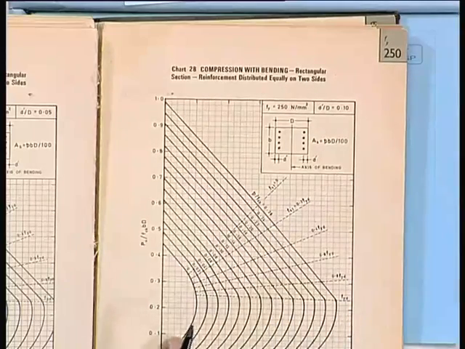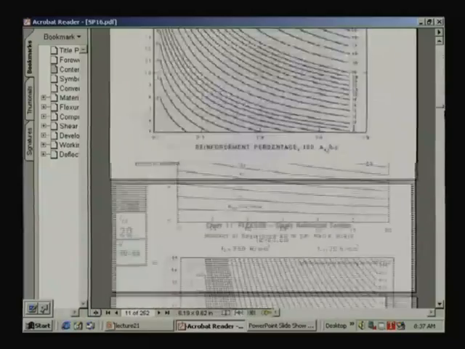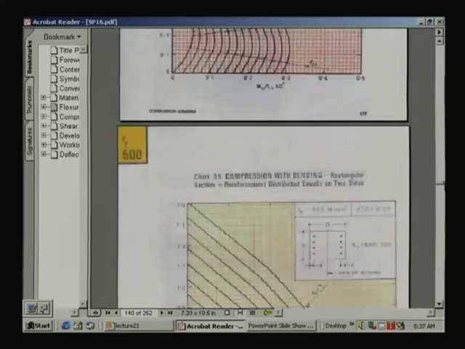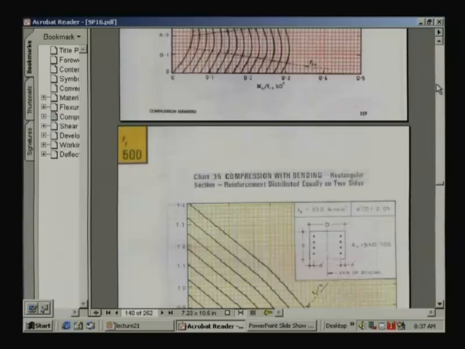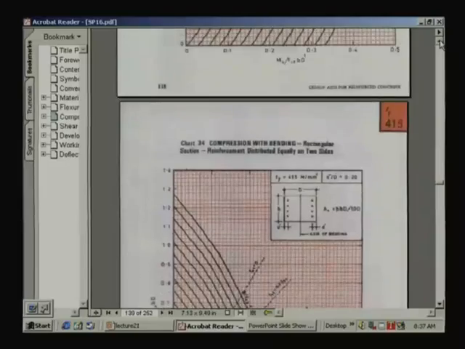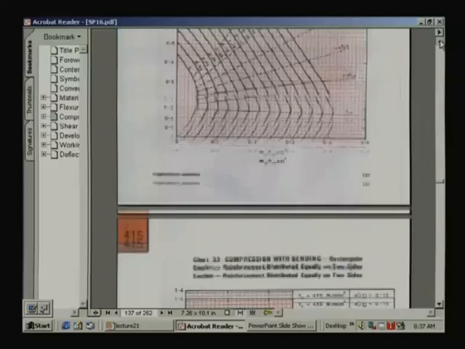These are the charts. Let me see whether it is available here. The same thing is now available in our library also online.